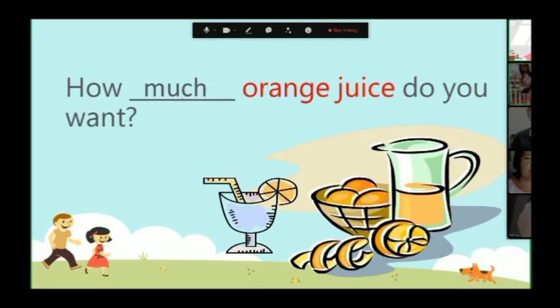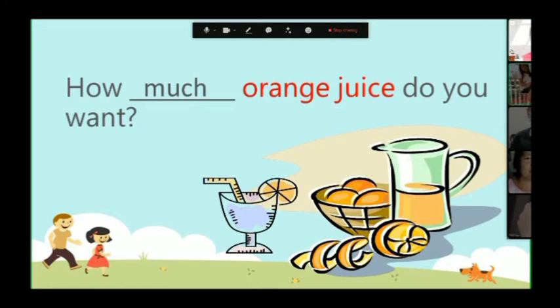Yes, how much, because orange juice is uncountable. Okay, but when we say just orange, it is countable. Only orange is countable, but this is two words, orange juice, so this is uncountable. So we use much.